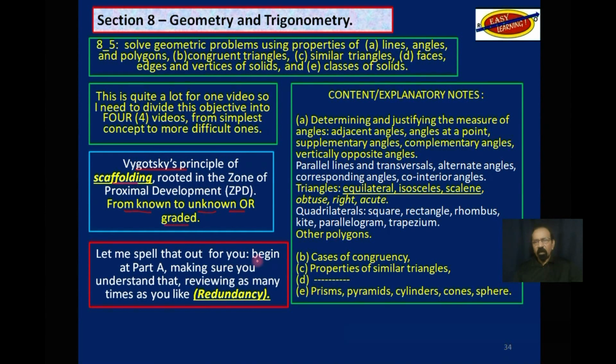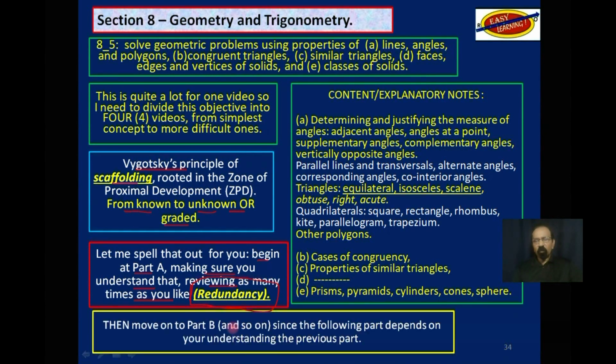That is to say, you begin at part A, make sure you understand that, reviewing as many times as you like. You have these videos that you could look at as many times as you like, and then once you master that, you go on to part B and so on. Most of the videos in this course have been arranged like this.